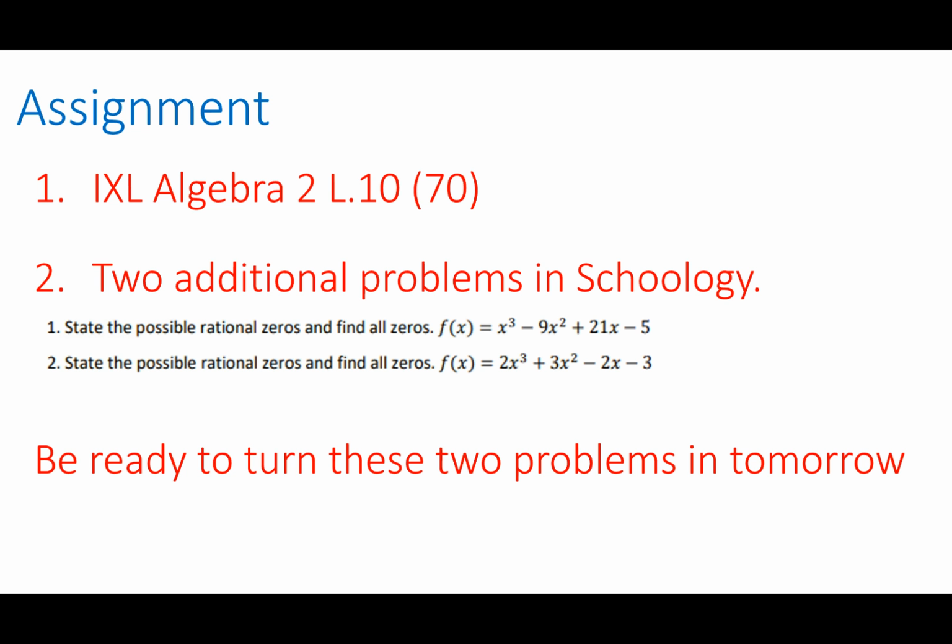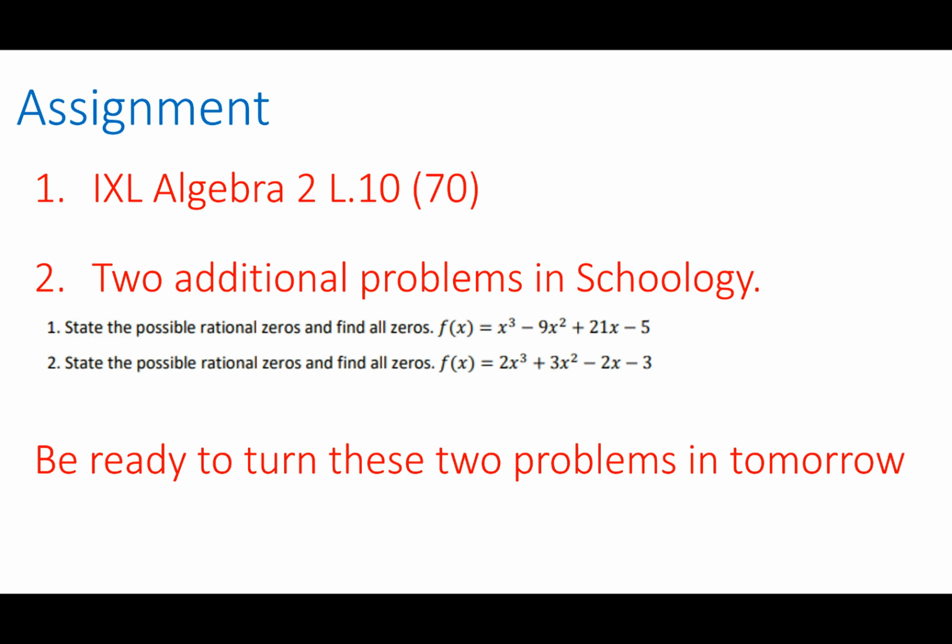So IXL, Algebra 2, L10 through a 70, is like identifying coefficients and stuff like that. It's not actually doing one of these whole problems in there. So these are the only two problems that I want you to do. They're in Schoology as well as a PDF, but I put them up here so you can do them right here in class too.